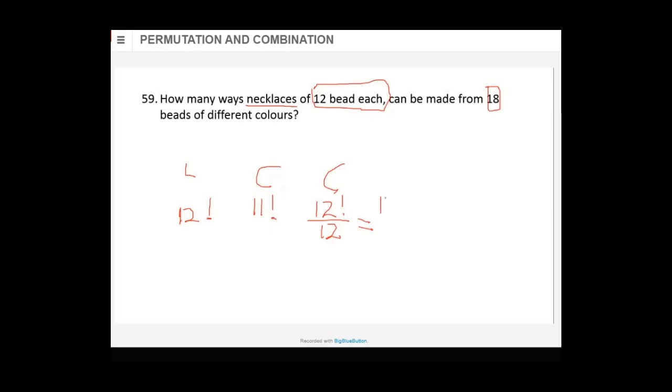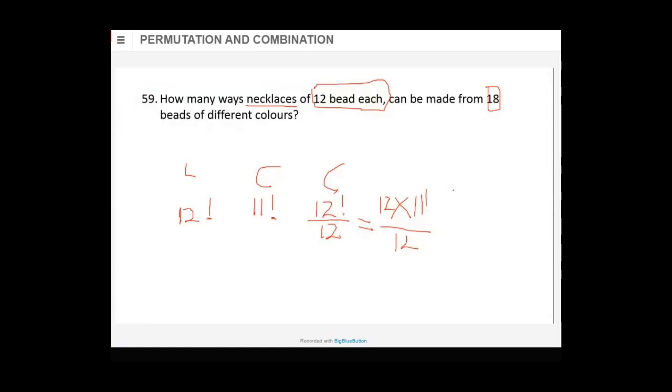You write 12 multiplied by 11 factorial, divided by 12. Now 12 will get cancelled and it becomes 11 factorial. Clear? So there are two ways. Either you say -1 if it is factorial or you divide by n.